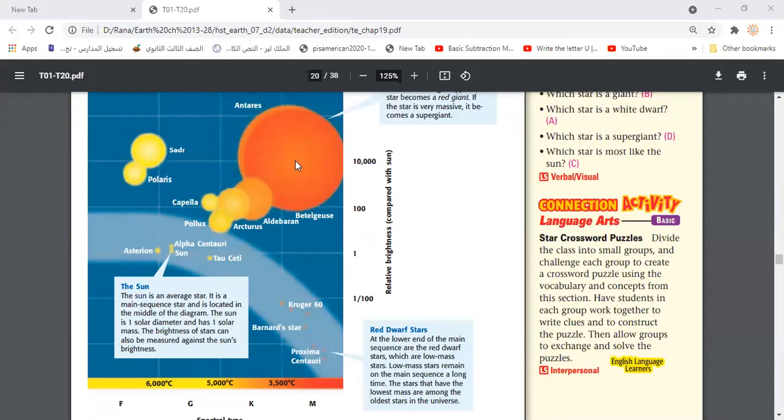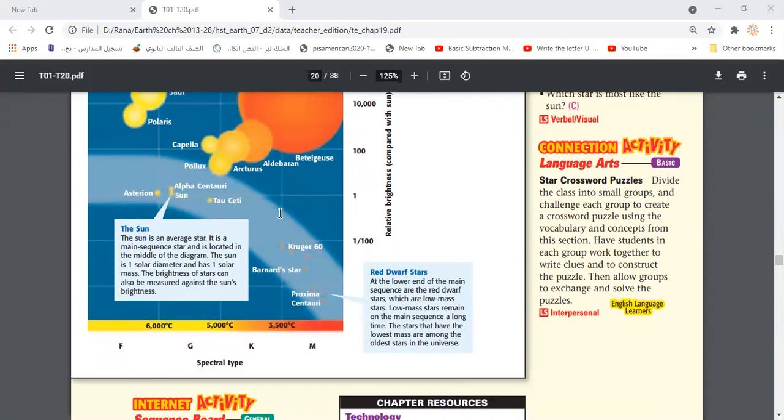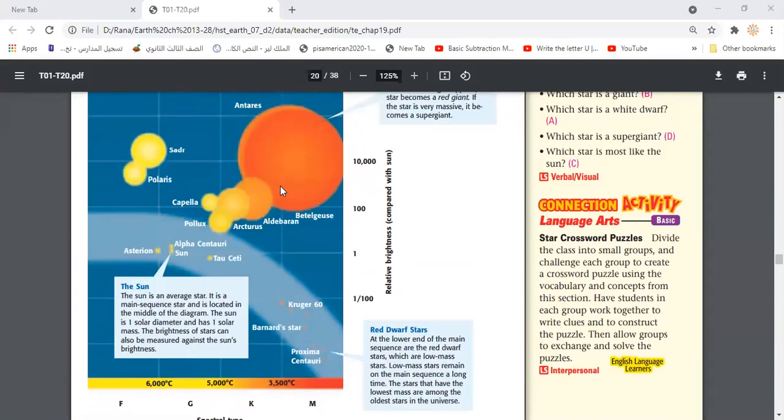While here, these stars, are they in the main sequence? No. So what do you think? Which stage are they in, guys?